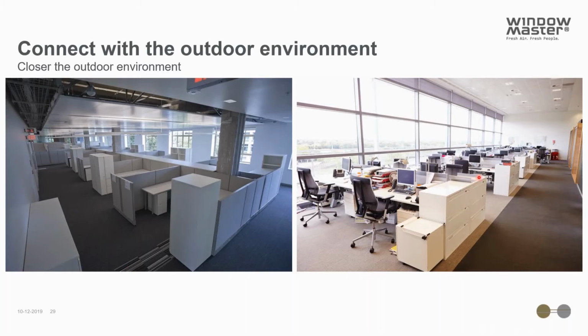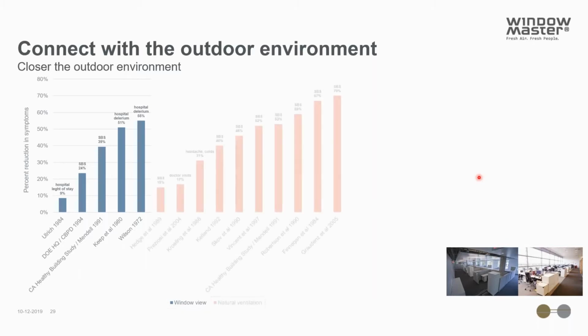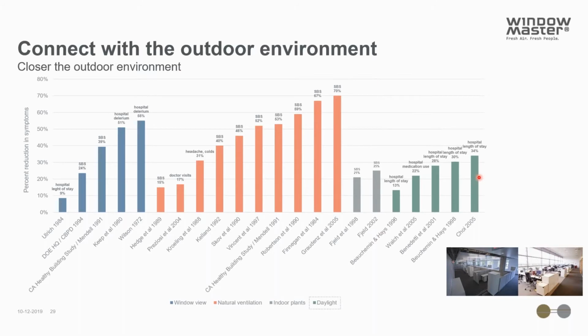We have a lot of research that shows the importance of being near the outer perimeter and being connected with the outdoor environment. And it can be in relation to the window view, the positive effects from that, natural ventilation, of course, having something like indoor plants, and of course daylighting are all very important factors that can improve the experience of users of a building.